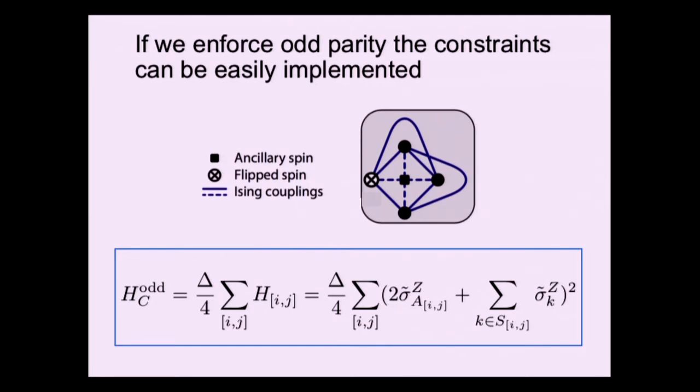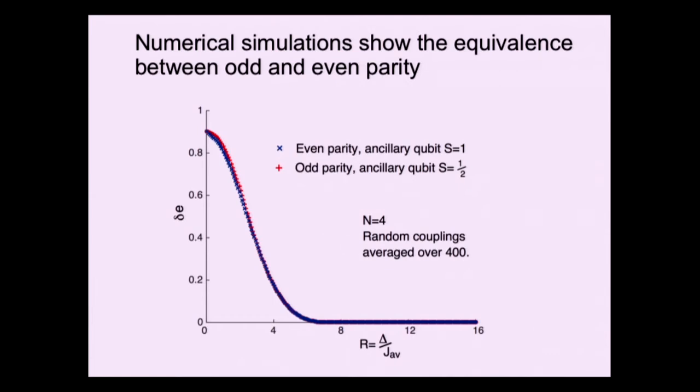In order to do that, we need to flip the sign of one of the spins, but this is readily implementable. We benchmarked with a small numerical simulation obtained with exact diagonalization how this model with ancilla qubit and odd parity compares with the qubit model.